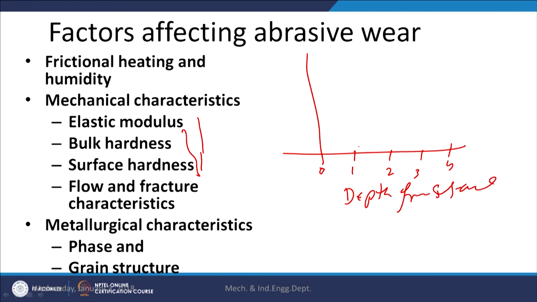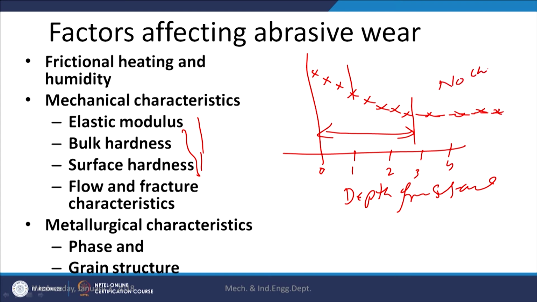The surface which has been subjected to abrasion will have higher hardness, because the surface experiences deformation, which causes work hardening. So, the surface and near-surface layers have higher hardness as compared to the subsurface region. This is the distance up to which the work hardening effect can be noticed, and below that there is a subsurface region where there is no change in hardness due to the surface layer deformation. This is basically the bulk hardness.